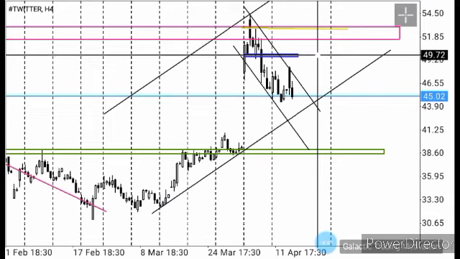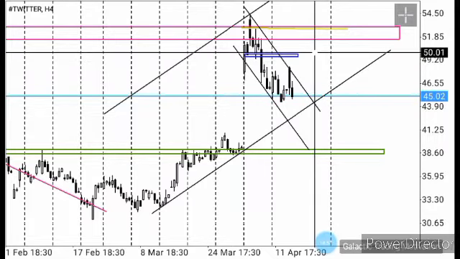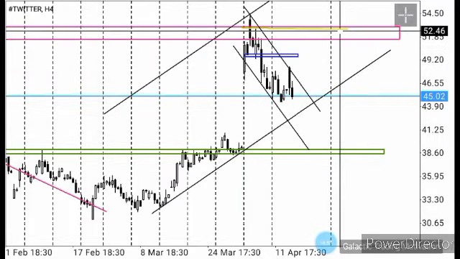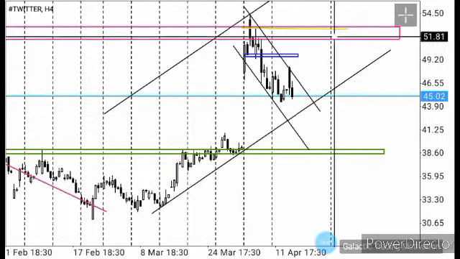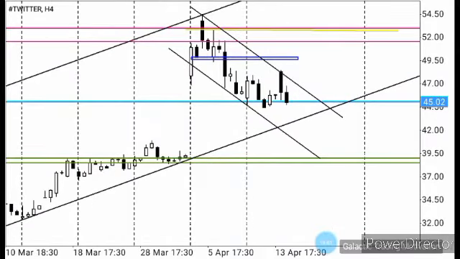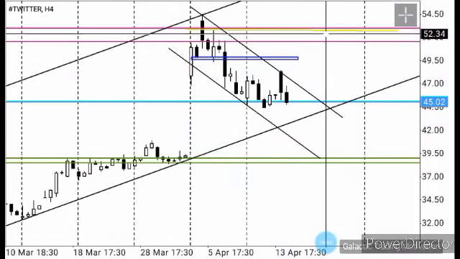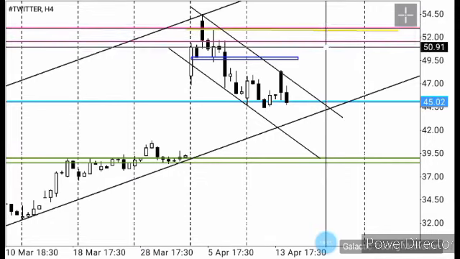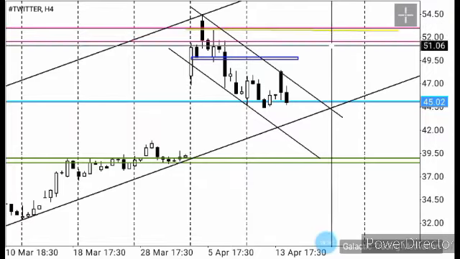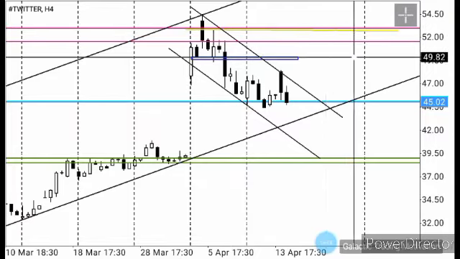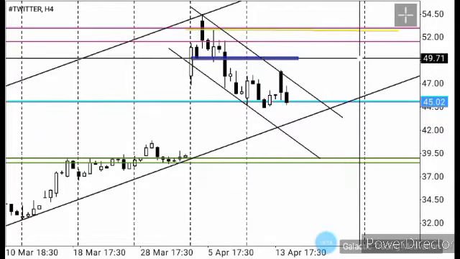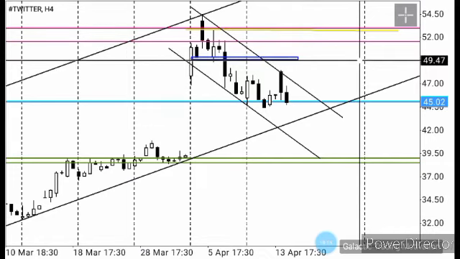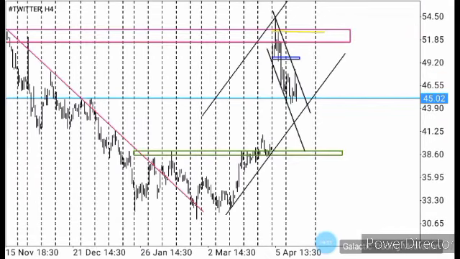Number two, if it breaks above this area and heads to this area, I would wait for price to actually fill this candle and then look for buying opportunities once it has given me an M formation, a break of the neckline of the M, a retest of that neckline. That's where I would look for an entry going down, you know.